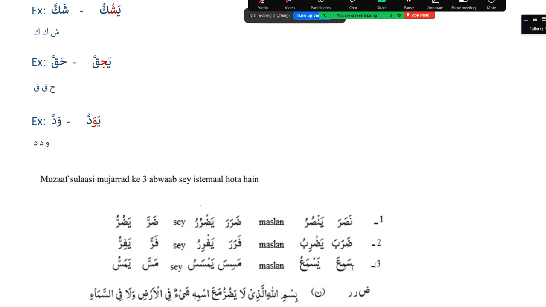And if it belongs to bab sami'a yasma'u, for example, masisa yamsasu, it becomes massa yamassu. Did you understand now why the mudari has a dhamma or a kasra or a fatha? This is because if it belongs to bab nasara yansuru, it becomes darra yadurru. If it belongs to bab daraba yadribu, it becomes farra yafirru. If it belongs to bab sami'a yasma'u, it becomes massa yamassu.